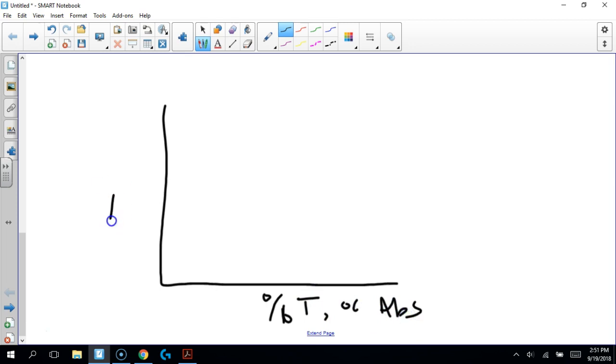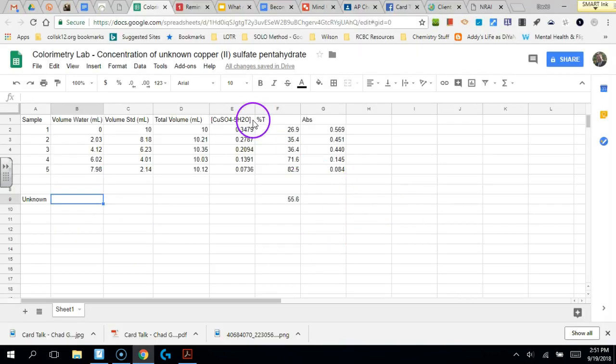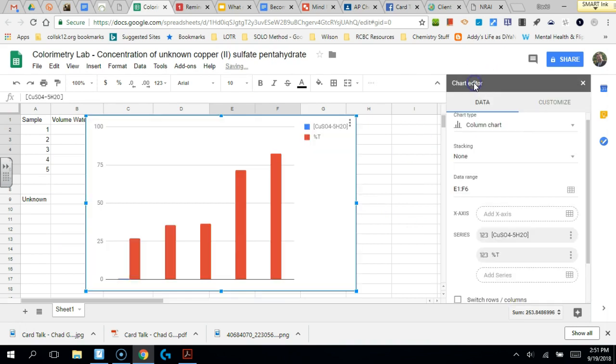And then concentration here. That's going to give you a graph, and then you can figure out what the unknown is. Okay, so let's actually do this. I'm going to insert a chart. When I insert a chart, I'm going to highlight the columns that I want to make a chart out of. Then I'm going to go over here and notice it gives me a column chart or a bar graph or a histogram.